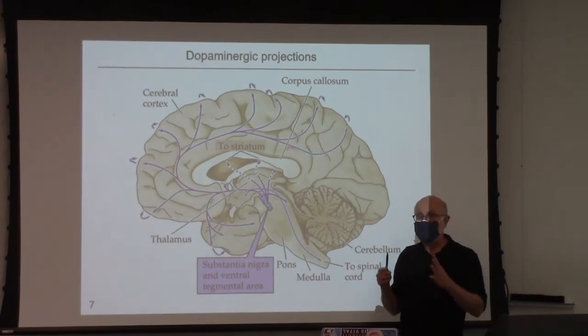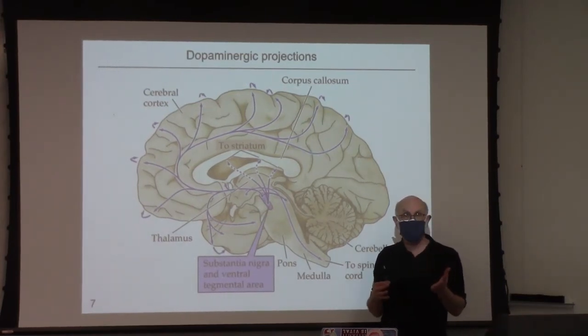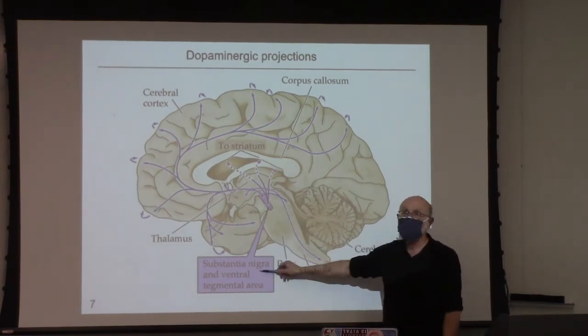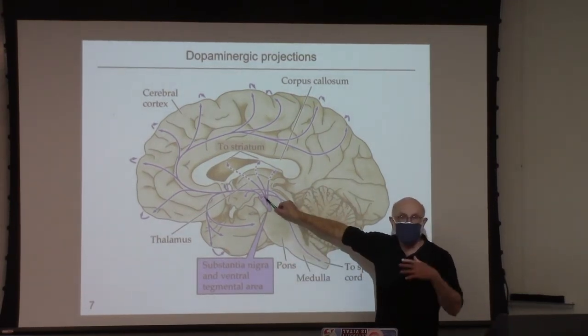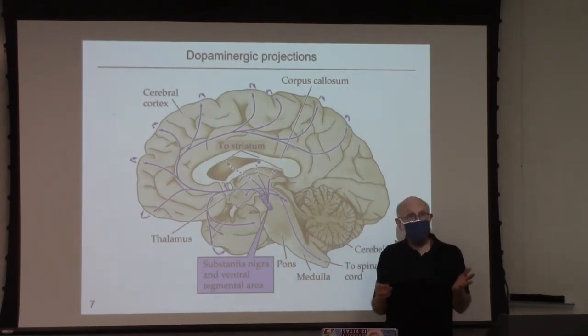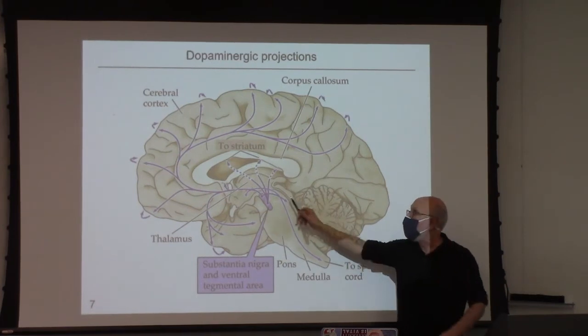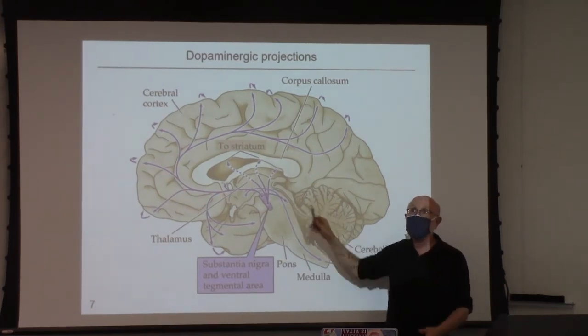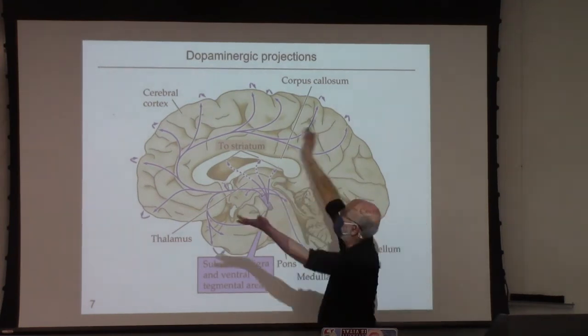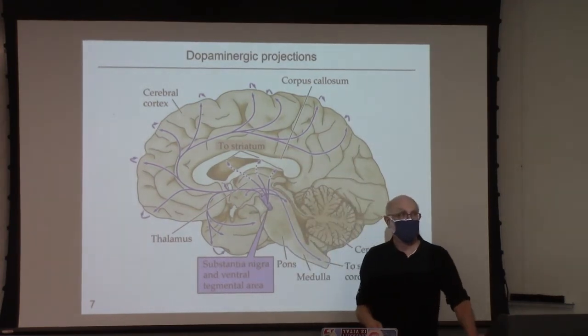Dopaminergic cells that release dopamine have their cell bodies in these areas of the midbrain. The terminals of those are not where the dopamine is released. That's where the cell bodies of those neurons are. They send axons pretty much everywhere.